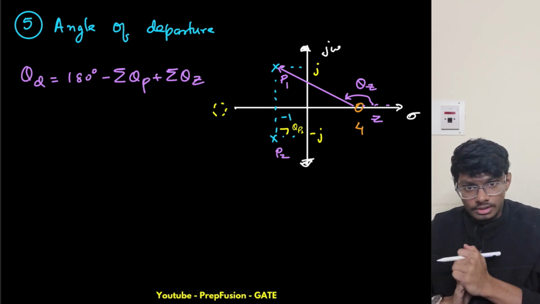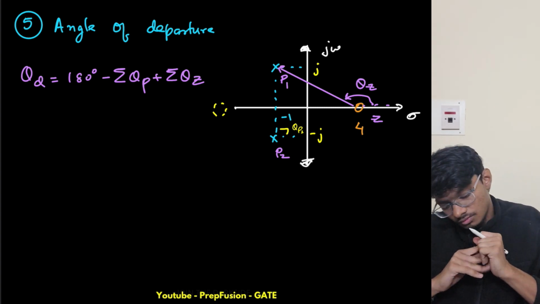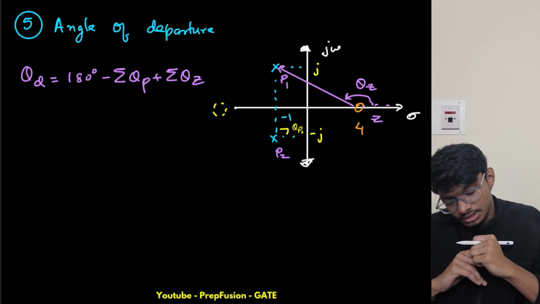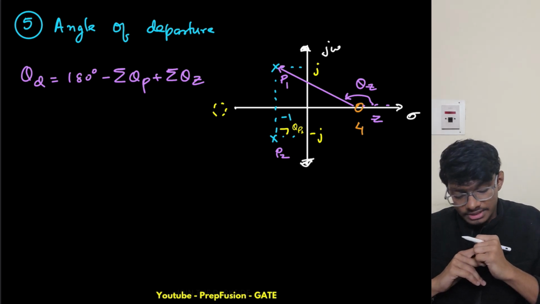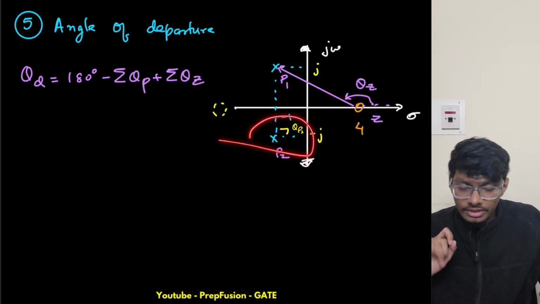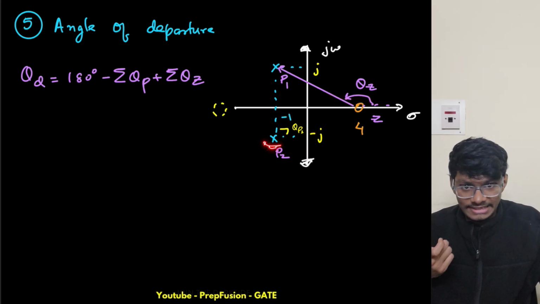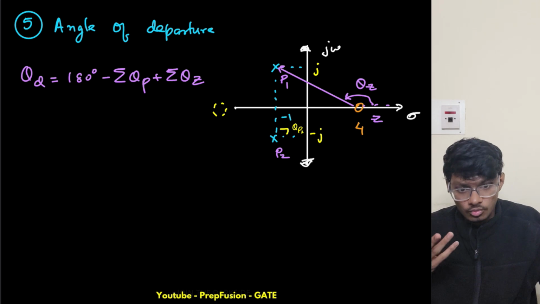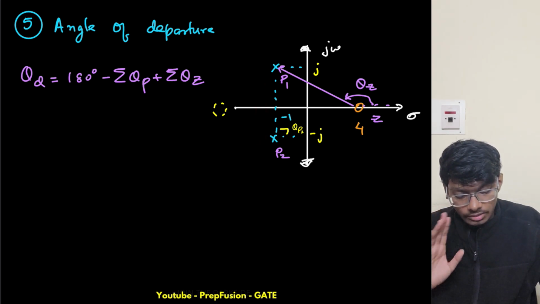Basically what we do is find theta z. Theta p2 you already know: there is no x-axis distance and the y-axis distance is 2, so it will be 90 degrees.